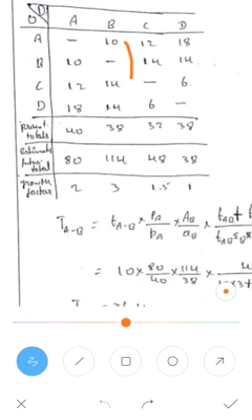Next 10 plus 14, 24, 24 plus 14, 38. Next 12 plus 14, 26, 26 plus 6, 32. So that's 32 here. Next is 18 plus 14 plus 6, 38.